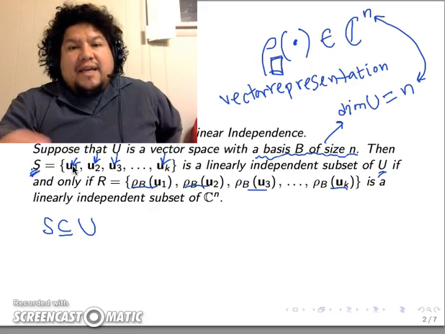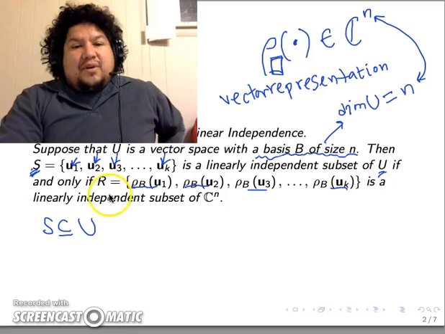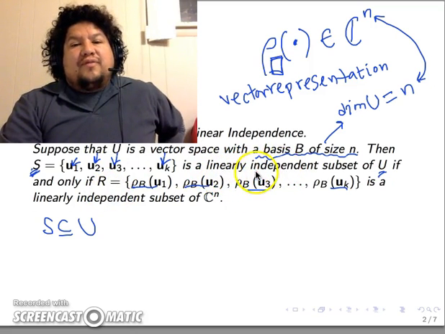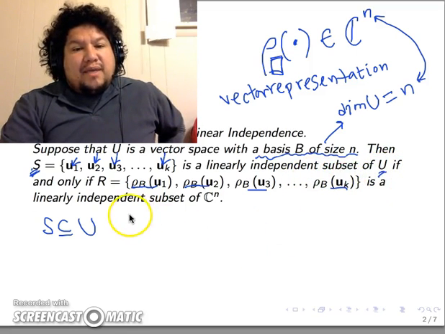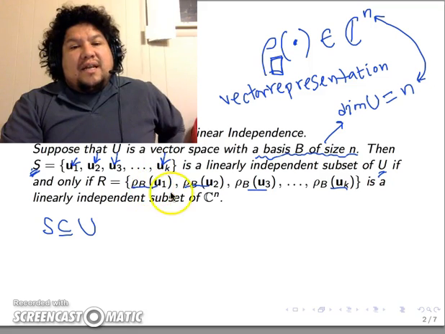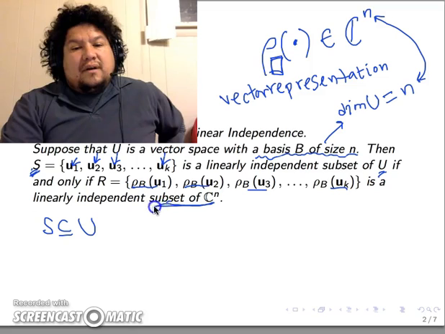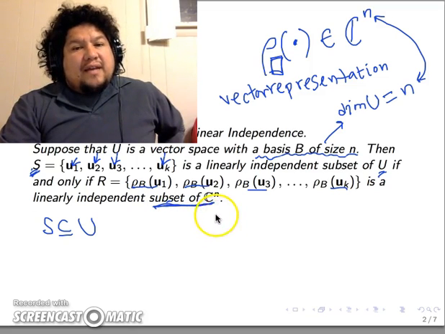We don't know. It doesn't matter. This theorem gives us a way of establishing linear independence of that subset S by means of establishing linear independence on this subset of Cn. And that we know quite well.